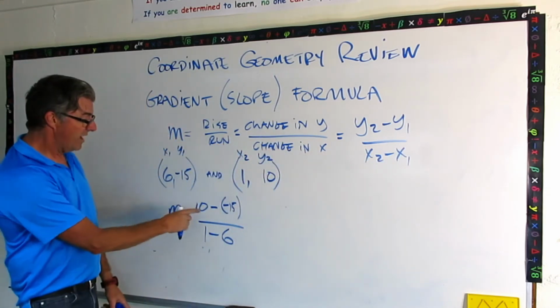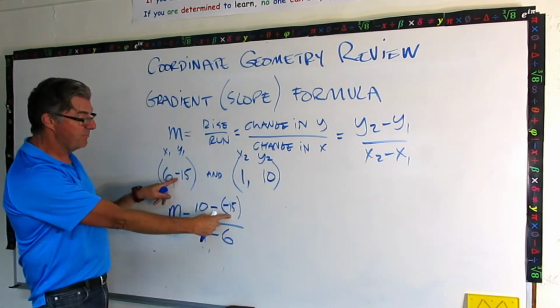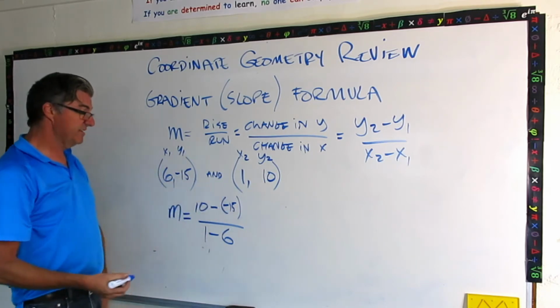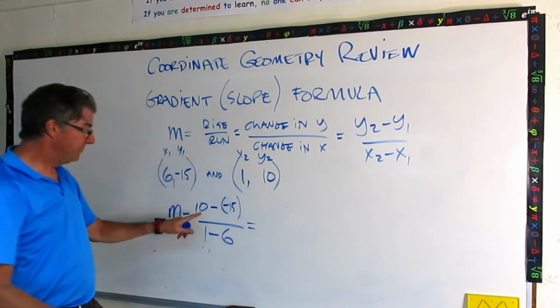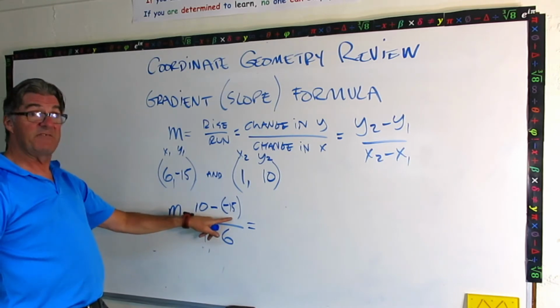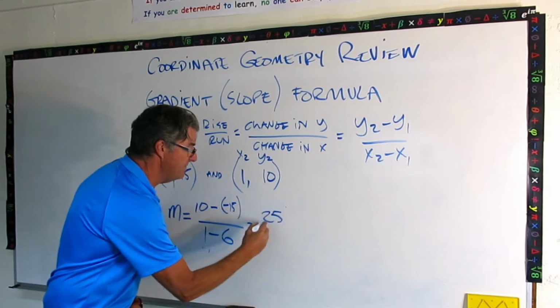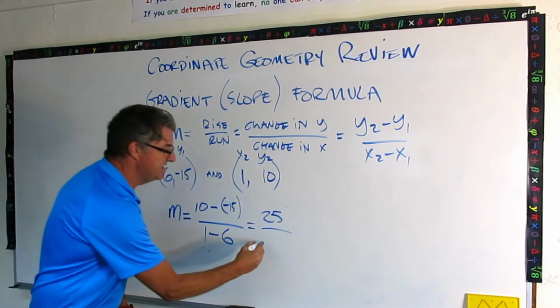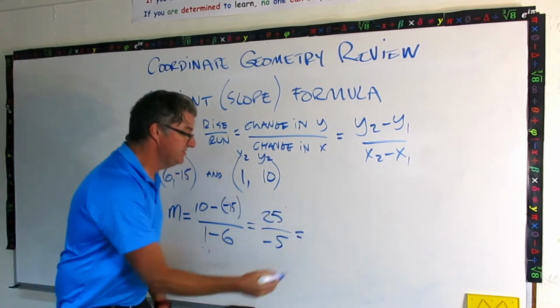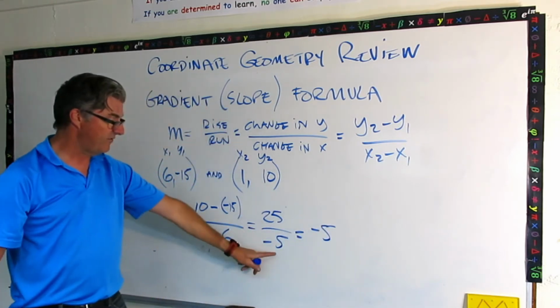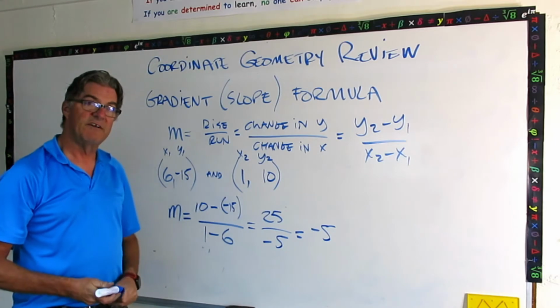Okay? So when I did minus negative 15, I had to bring that negative 15 down. If I left it off, I'd get the wrong answer. So let's do this. 10 minus negative 15 is 10 plus 15, which is just 25 on the top. And 1 minus 6 is negative 5. So this is going to reduce down to negative 5. Because 25 over negative 5 is just negative 5.